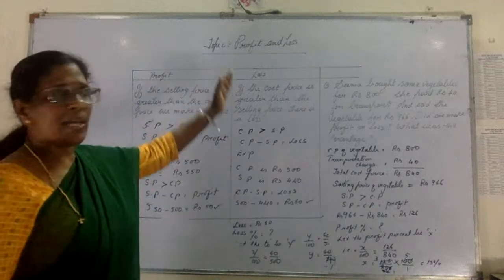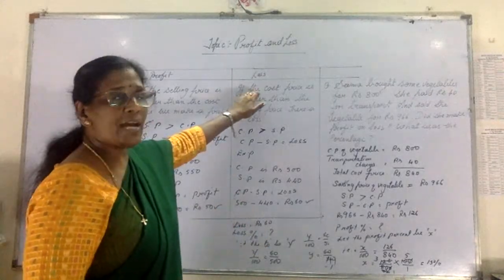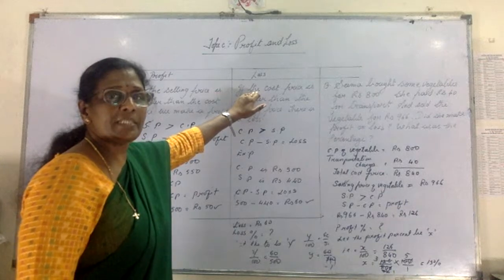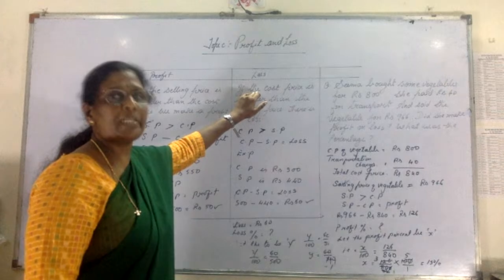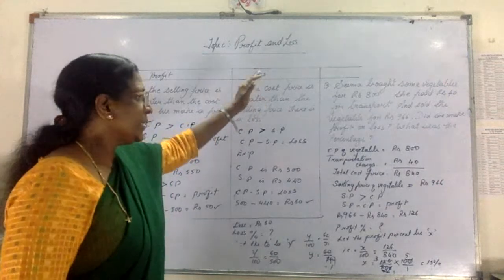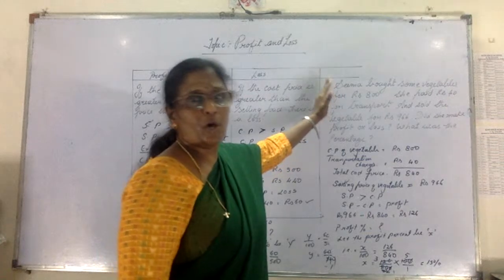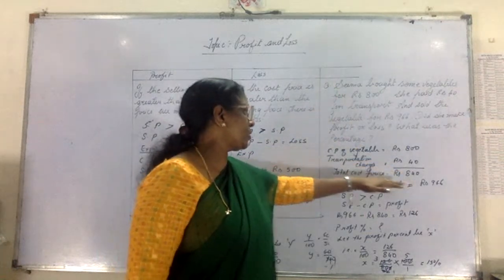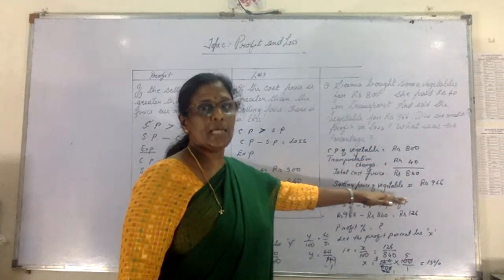In the same way, we have to calculate the loss percentage also. For that, first we have to see whether the cost price is greater or the selling price is greater. If the cost price is greater, then definitely she is in loss. In the same way, if other expenses are there, we have to add all those expenses to the cost price so that we will get the total cost price. Then we have to find out whether it is a profit or loss.